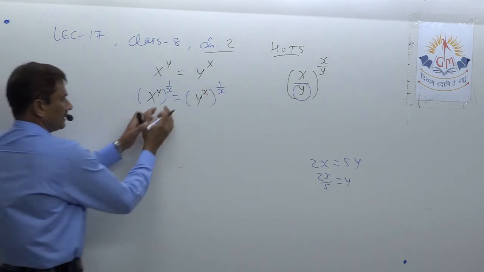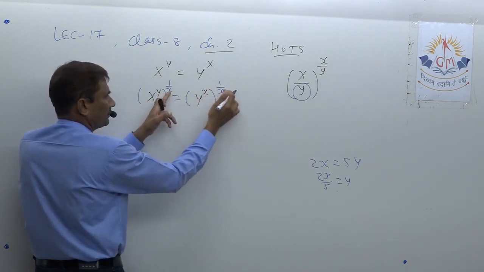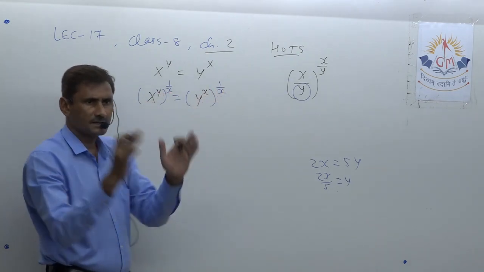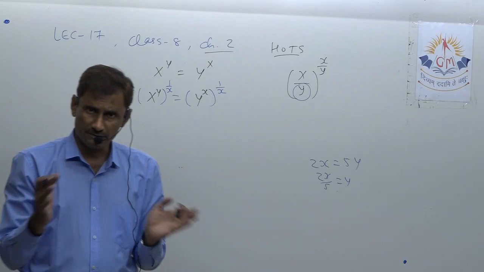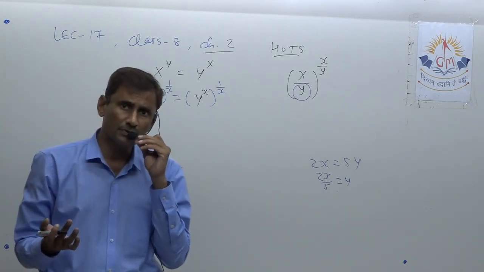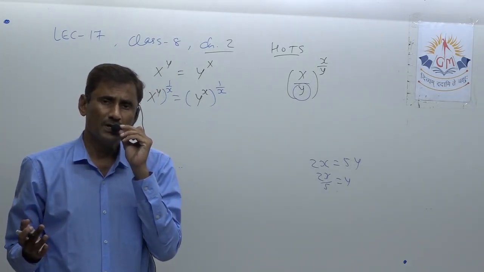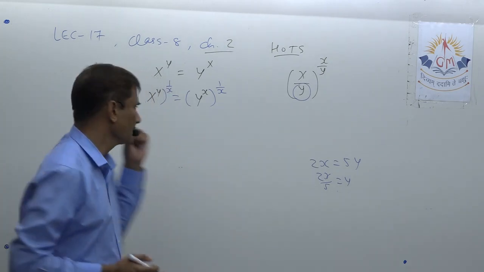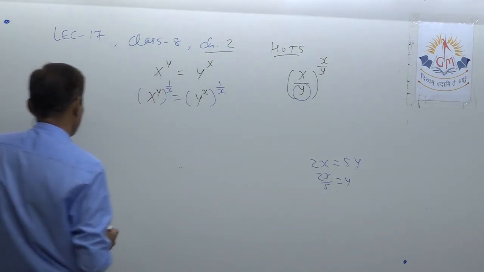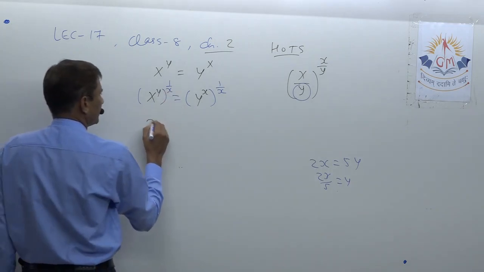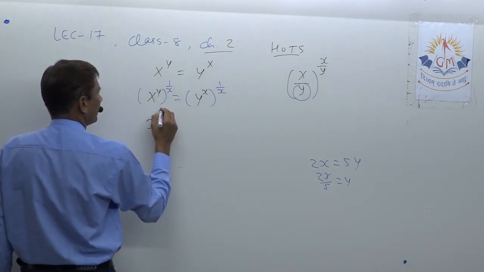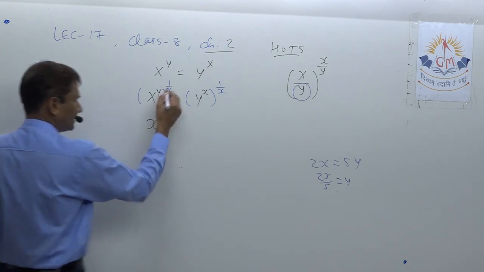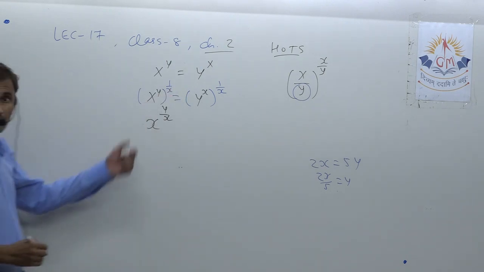Okay, now just open the bracket. What do we do, you understood? Both side square, both side cube, both side square root, cube root, x root, whatever you want you can do, but the process on both sides should be the same only. So here it will be x raised to y upon x, powers multiply. You know the power rule.